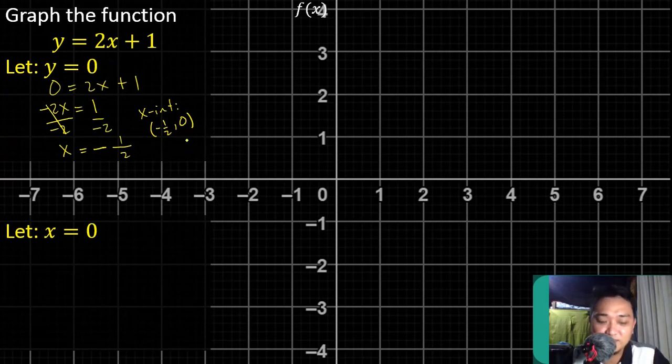Yun lang mahirap. In every method, may mga drawbacks din yan. So, for this method, kung mag-graph tayo ng linear equations, tapos ang gamit natin, x and y intercepts, it has its own pros and it has its own cons. So, ang problema dito, whenever we encounter decimals or fractions for x and y intercept, kailangan talaga tatansyahin natin.